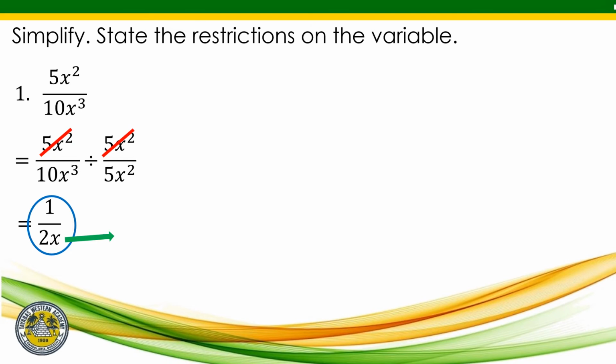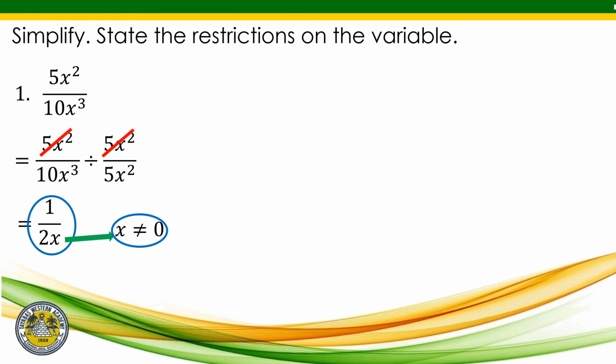And that will be 0. So kapag minultiply natin yung 2 by 0, or kapag ang value ng x ay 0, the denominator will be automatically equal to 0. At kapag 0 ang denominator, undefined na yung fraction natin or rational expression.